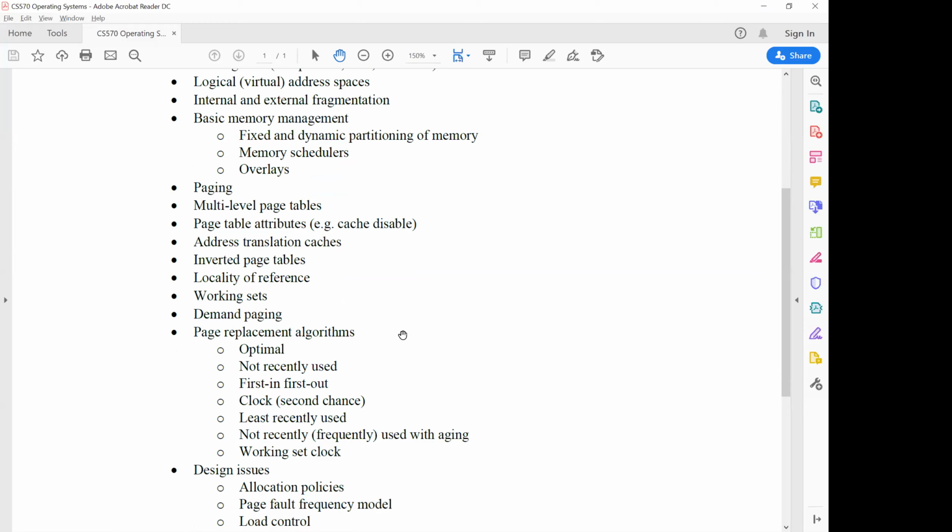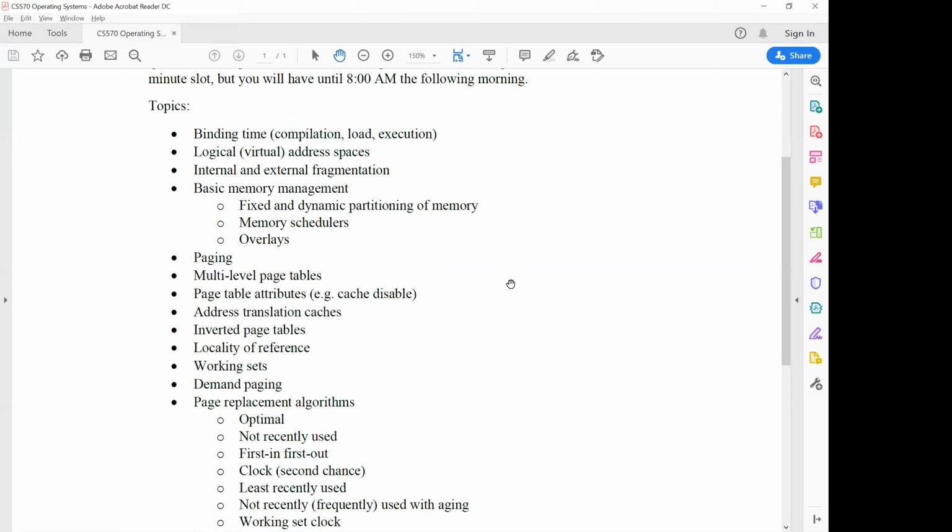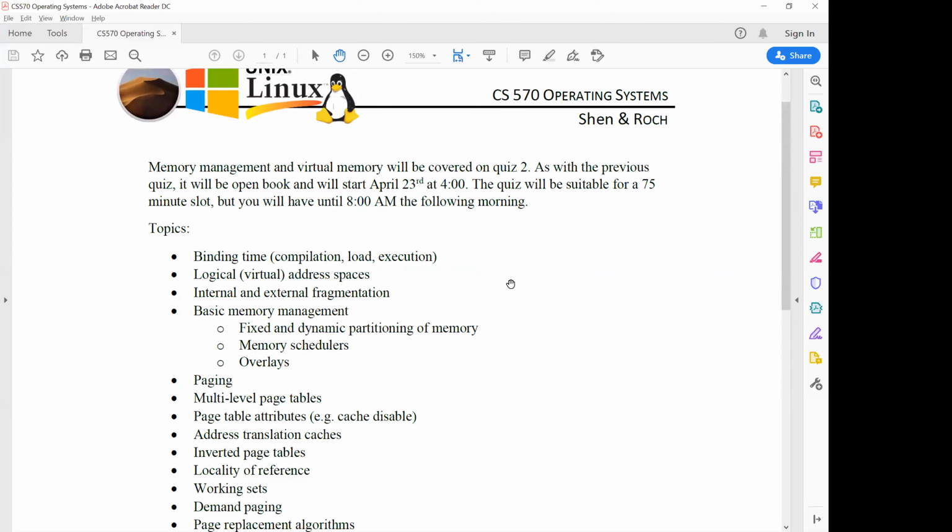Any other questions? You guys seem pretty confident for virtual memory paging. You did a lot of practice on how to compute for virtual memory paging in your assignment as well as in your programming portion.